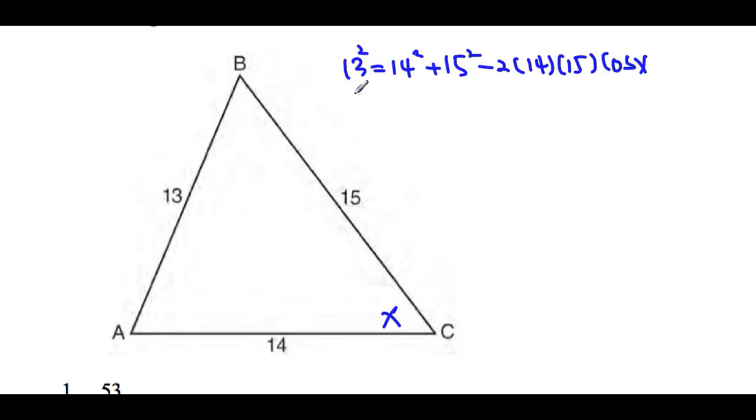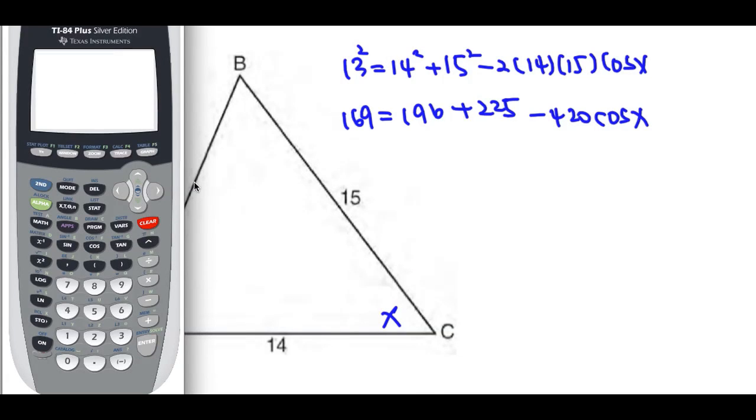Now, if you use the calculator here, we get 169 is equal to 196 plus 225 minus, this becomes 420 cosine of x.